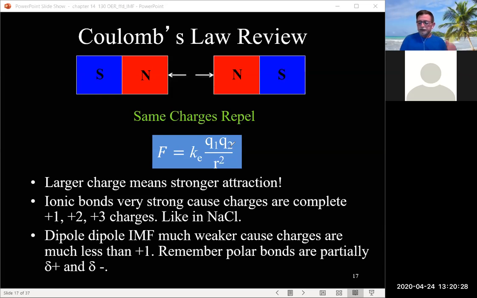Now let's take that same scenario and now double R. It went from 1 to 2. So now it's 2 units, okay? Q1 and Q2 remain 1. R now goes to 2. The square of 2 is 4. Okay, so now it's 1 over 4.